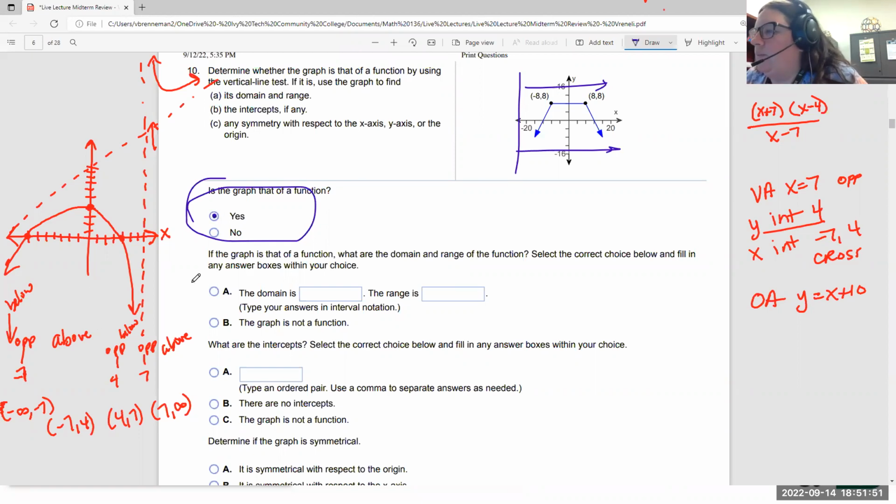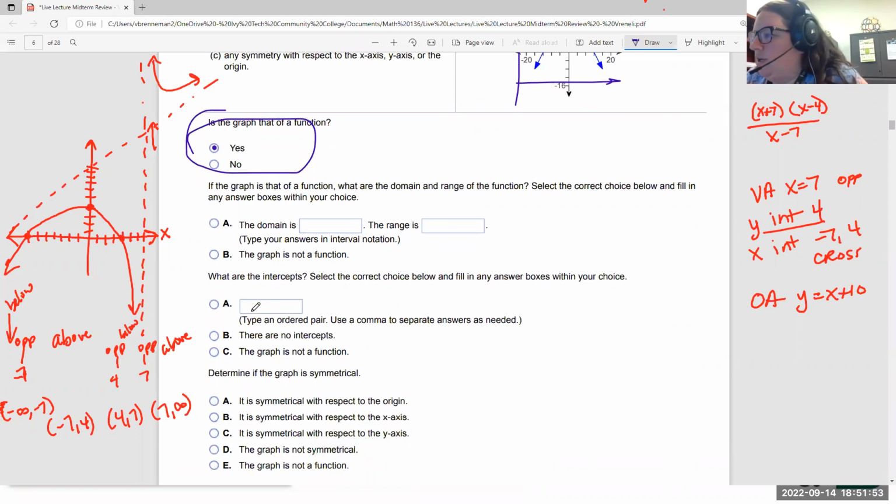So then we have the domain, range, intercepts, and then the symmetry. The symmetry is a bit tricky because we actually didn't do the section that defines symmetry. We did talk about that, I think, in the module 2 live lectures a little bit. But so I'll talk about that.